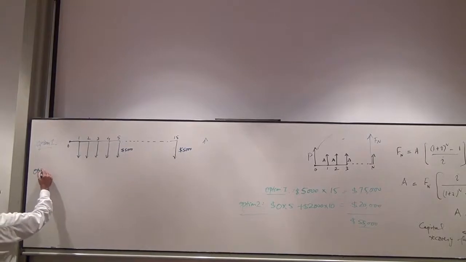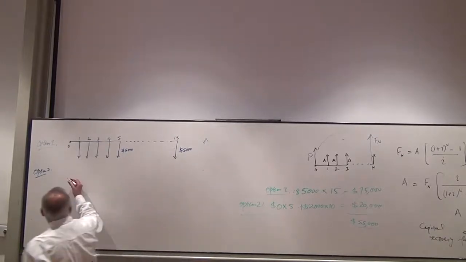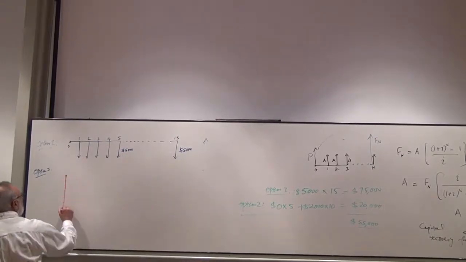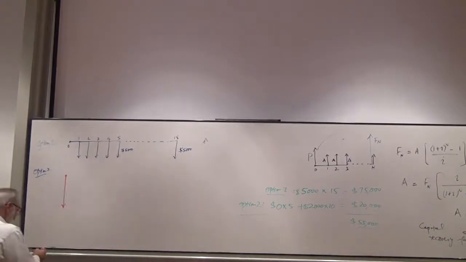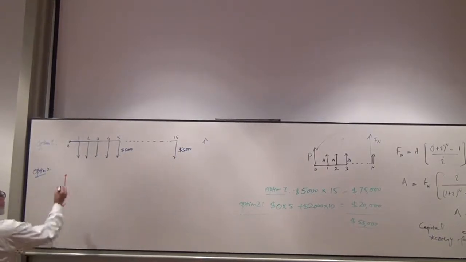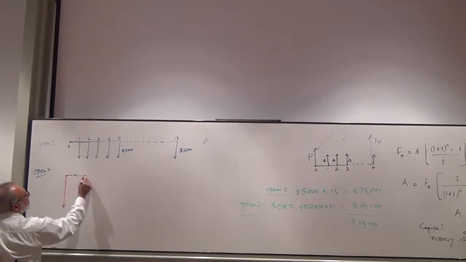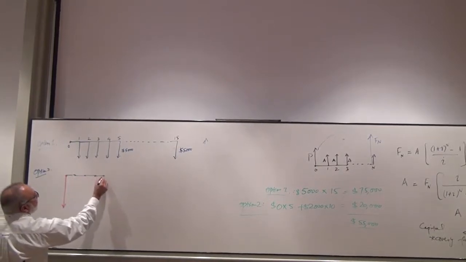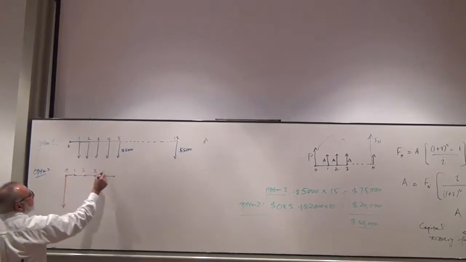Option number 2 is that you have to spend initially something, the resurfacing. Okay? And then for the first 2, 3, 4, and 5 years, 0 cost.